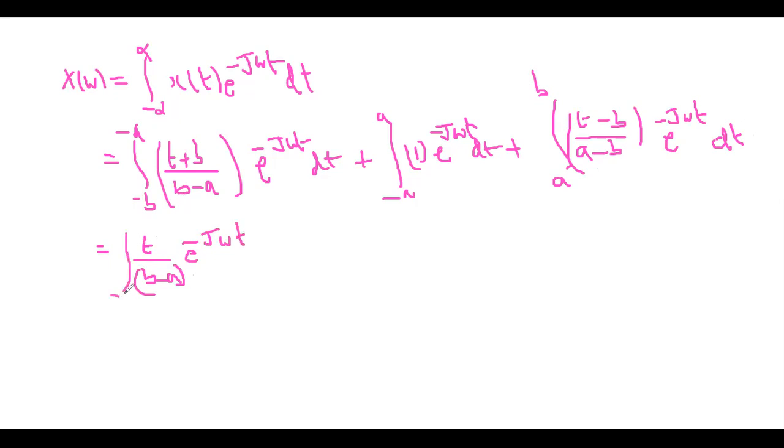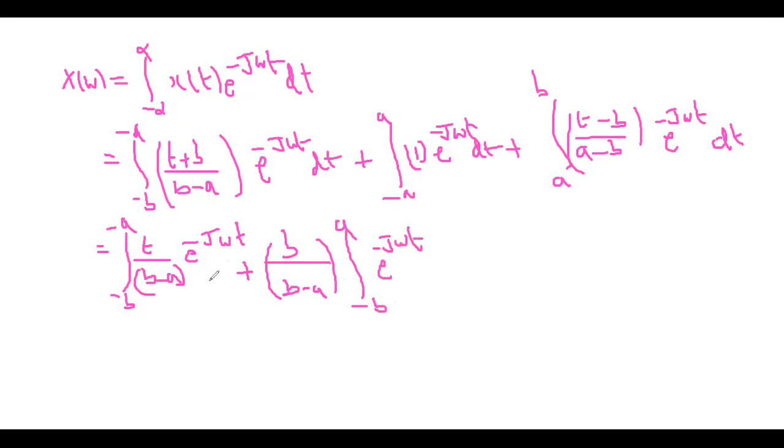This integral minus b to minus a plus b by b minus a as a constant, integral minus b to a e power minus j omega.